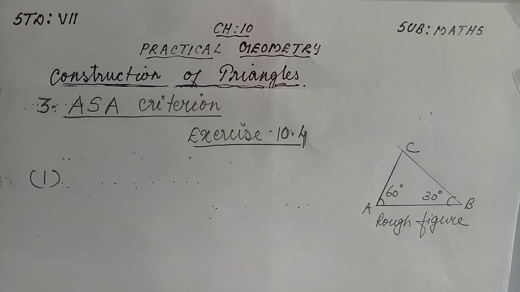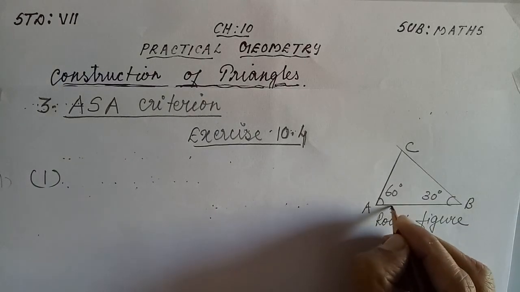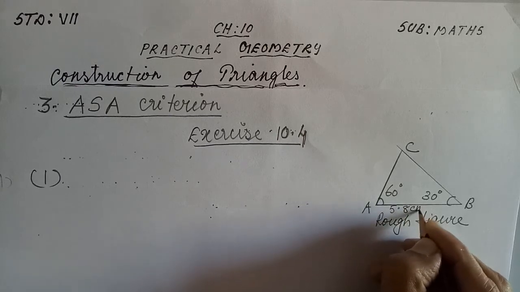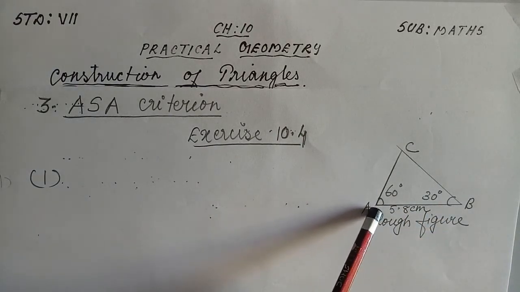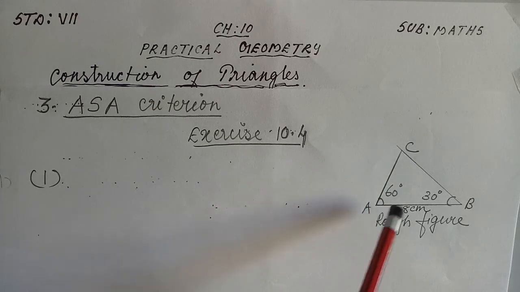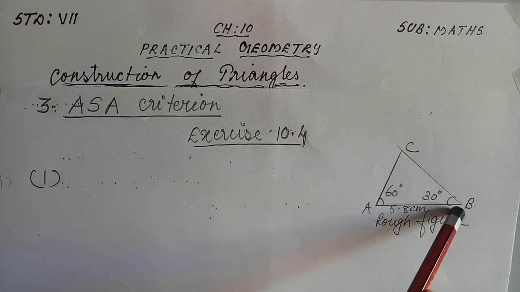First you will draw AB of length 5.8 centimeter. Then through the point A, draw an angle of 60 degree, and through the point B, draw an angle of 30 degree.